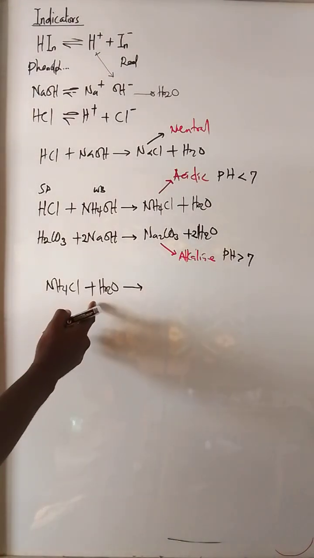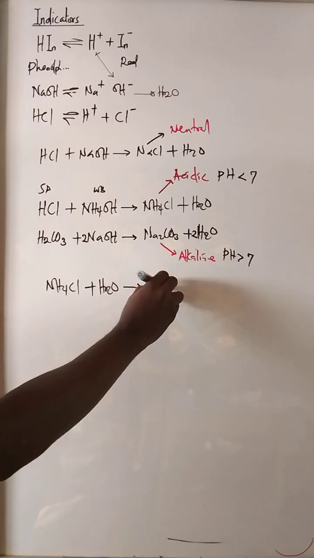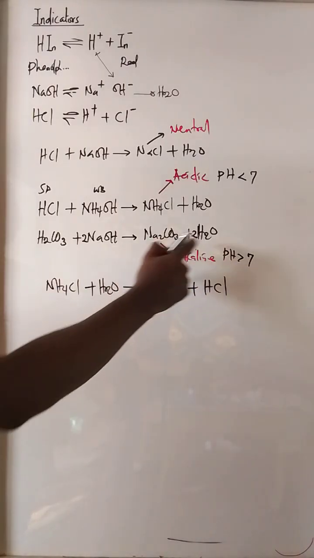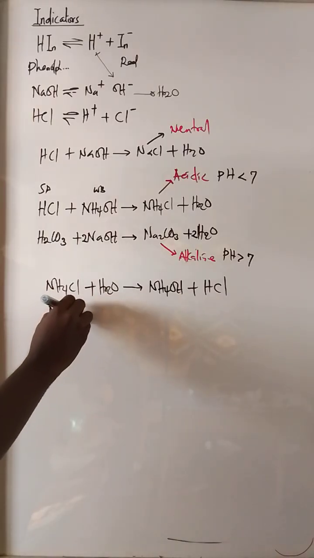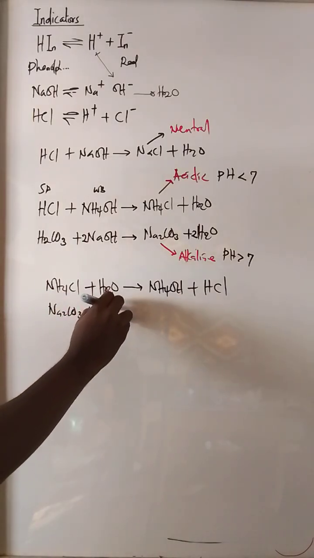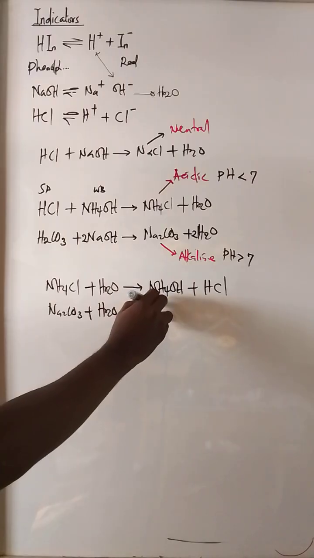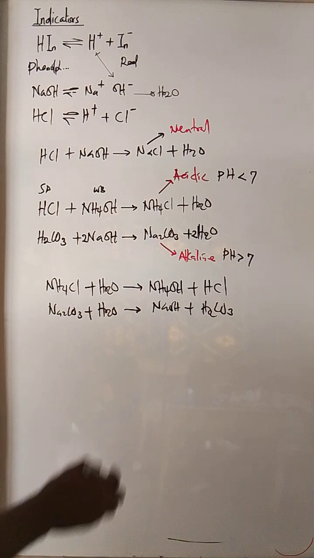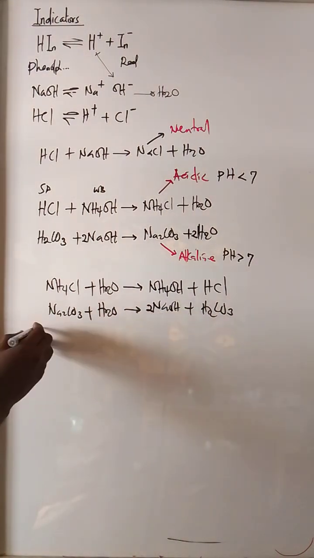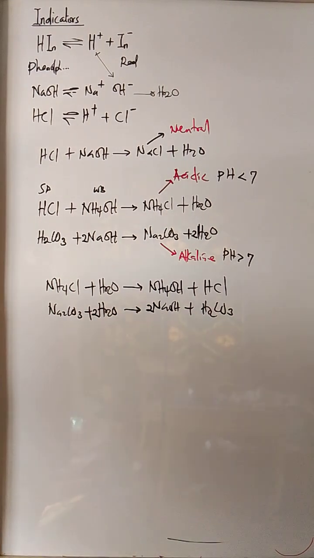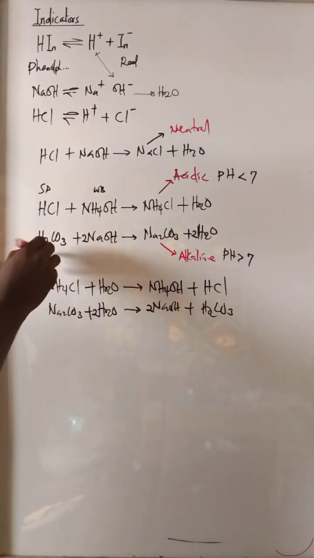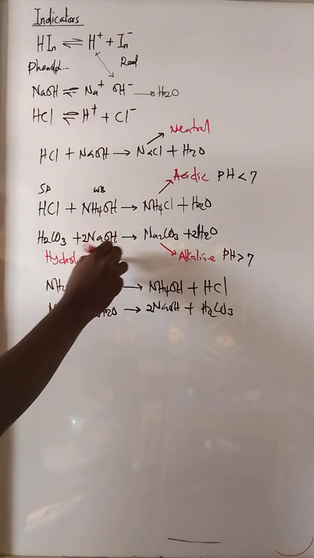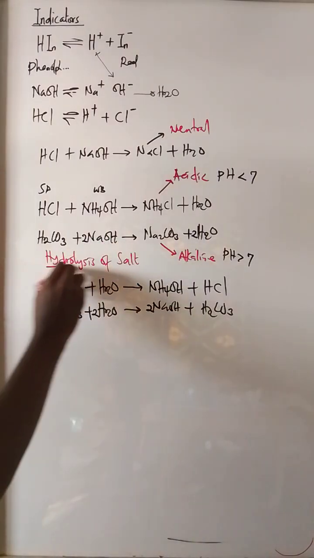So at the end of the day, we have NH4OH plus HCl. For this one also, if you add it to water, we'll have NaOH plus H2CO3. So these are called hydrolysis of salts, like a reverse of neutralization.